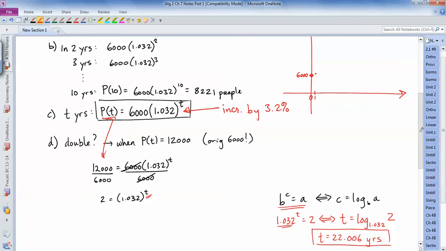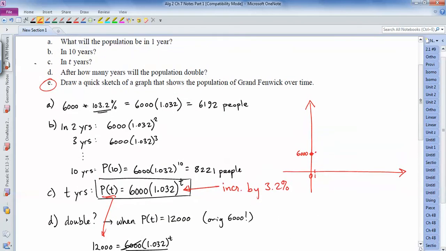Well, it didn't double until 22 years later, so that's way down here somewhere. Let's say that's there. 22 years later, now we're at 12,000. And if you plotted enough points, at 10 years, which is roughly here, we had 8,000 people, so it's kind of like this.